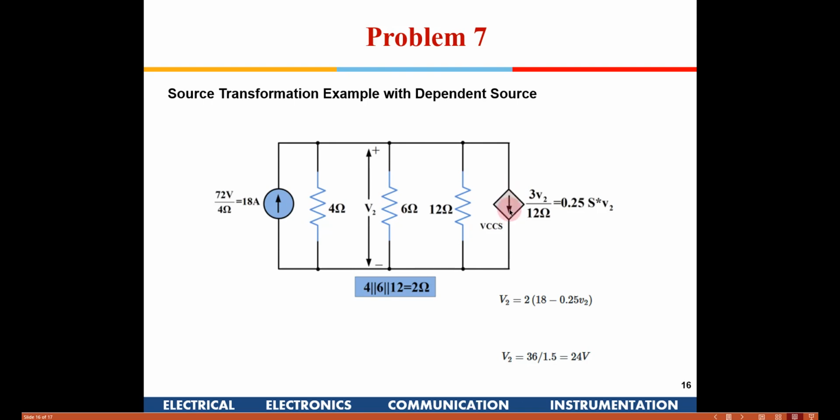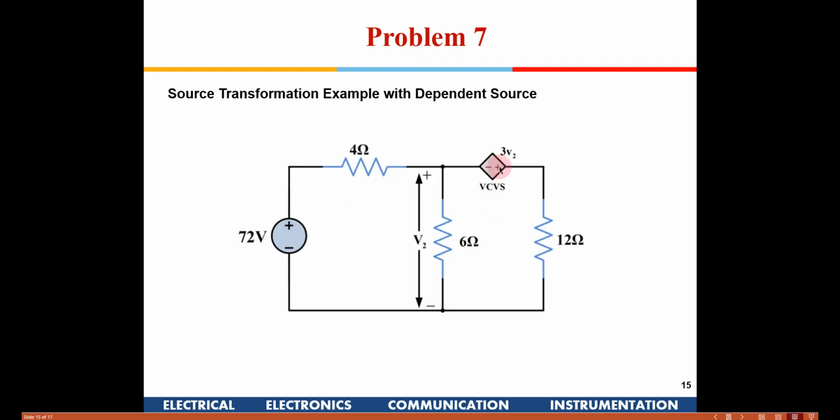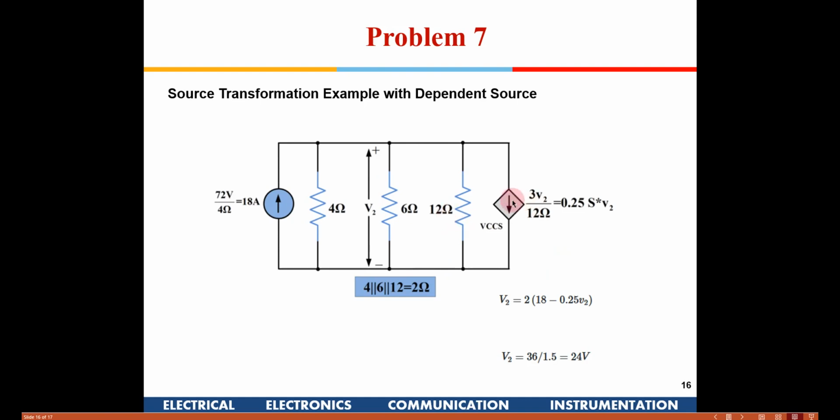This current is going towards the bottom, because the polarity is plus here and minus here. This is the mistake generally which students make in their exams. They are not careful with the polarity, so you have to be doubly careful with these polarities. So this current is going down, and this is 3V2 divided by 12 ohm and 12 ohm.